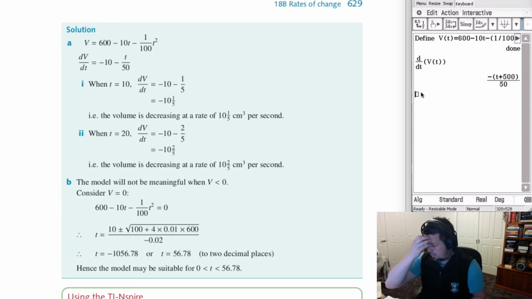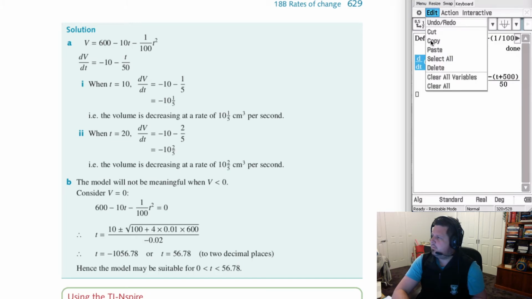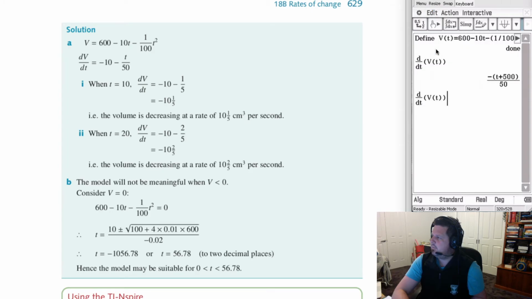Next thing you could be asked to do is find out what's happening when t was equal to 10. So again, you can use this derivative. I'm just going to copy it and paste it here. Now we can tell it to substitute in t being equal to 10. To do this, you need to use what's called the bar symbol.